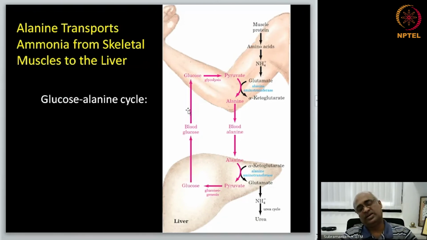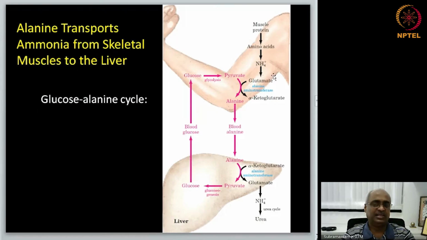This glucose goes via blood back to the muscle so that the muscle can continuously operate glycolysis. This is what we call the glucose-alanine cycle, because glucose via pyruvate becomes alanine, then alanine via pyruvate becomes glucose. This cycle helps continuous operation of glycolysis in the muscle, and it also allows the muscle to get energy from amino acids.